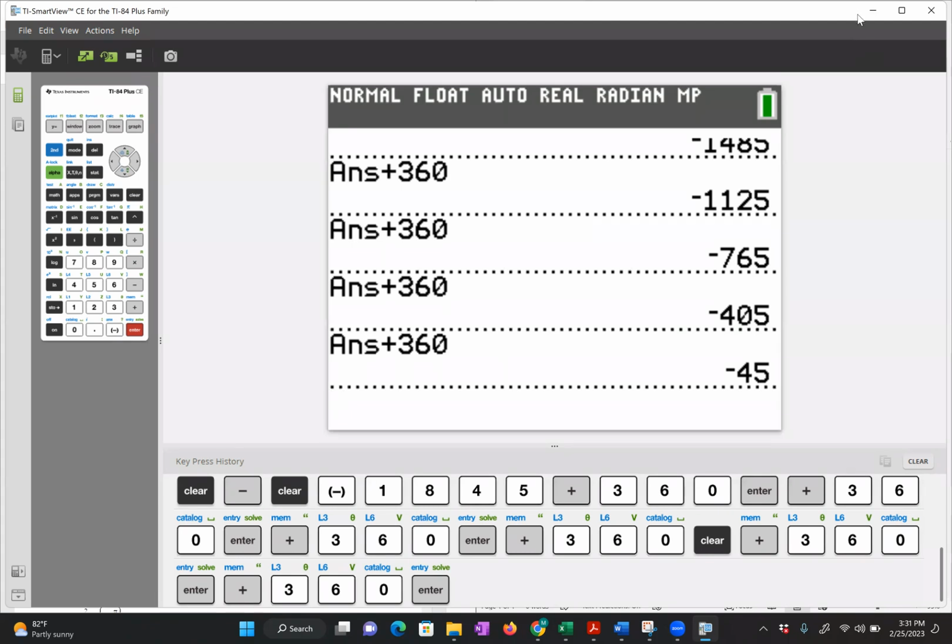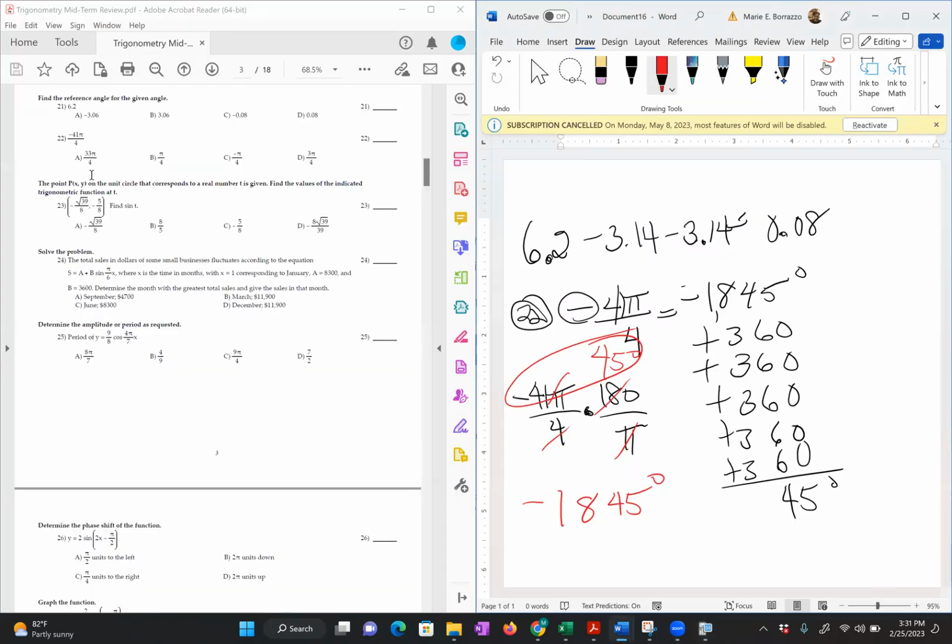All right, we go back here. We're looking at 22. I've got answer choice B marked, not negative, because I believe I did this on paper.